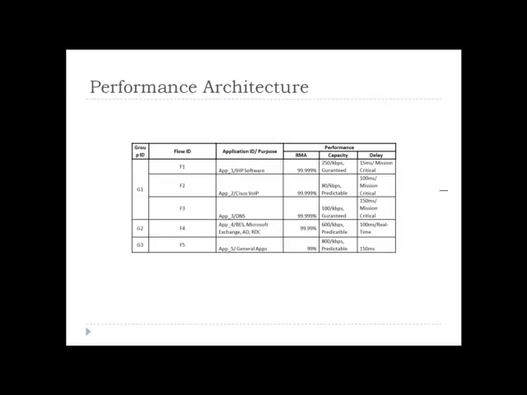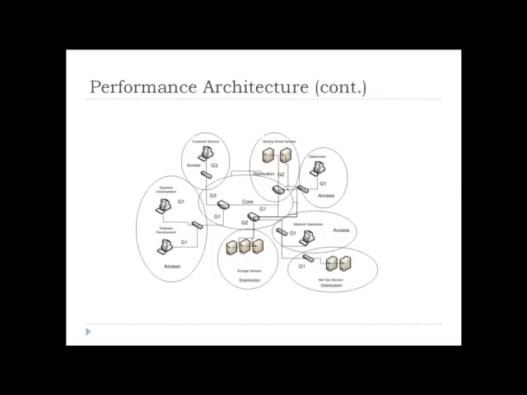And then, of course, Group 2 and Group 3 have their own applications, and we'll take a look at how those groups and flows are segmented within the logical network on the next slide. Okay, like I said, these flows and these groups are segmented within the logical network that we have designed, and you can see the different groups which are segmented.